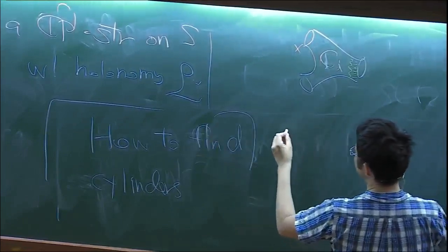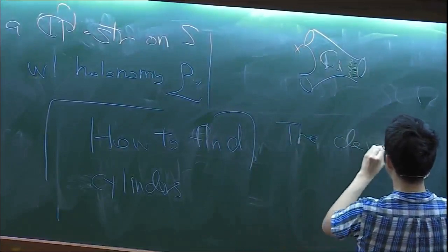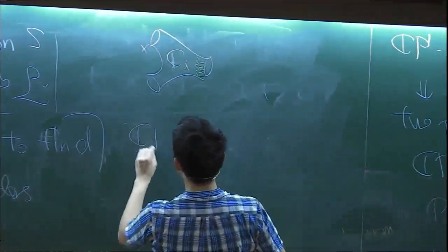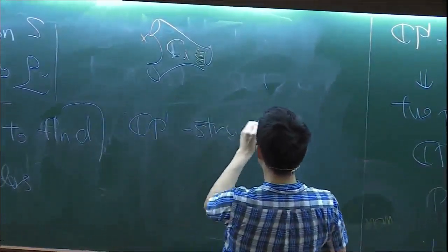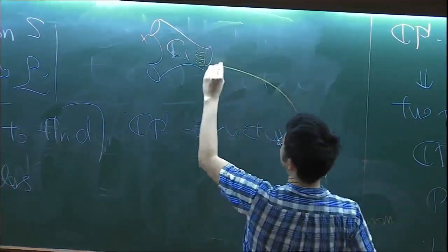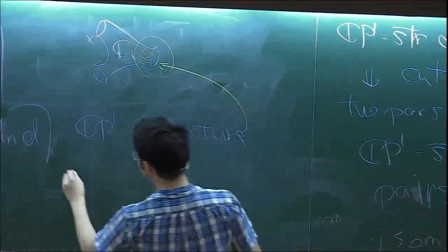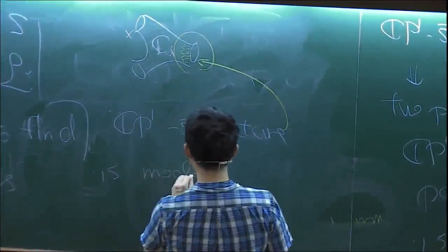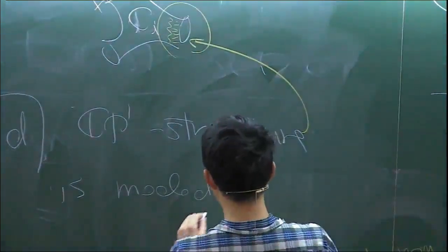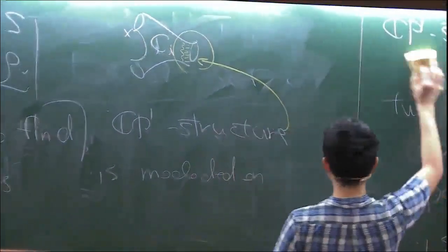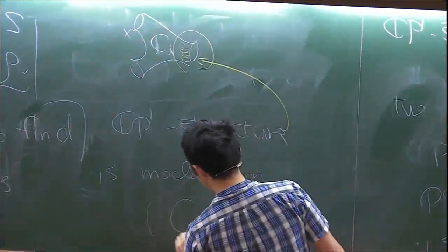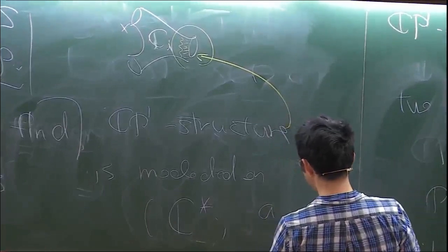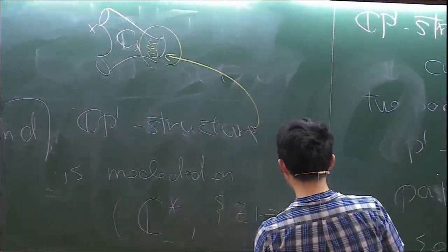Then the developing map. The CP1 structure here, this regular neighborhood, is modeled on C star, where z goes to e to the z.